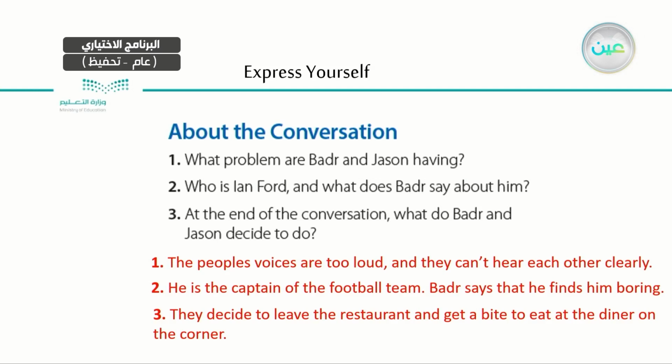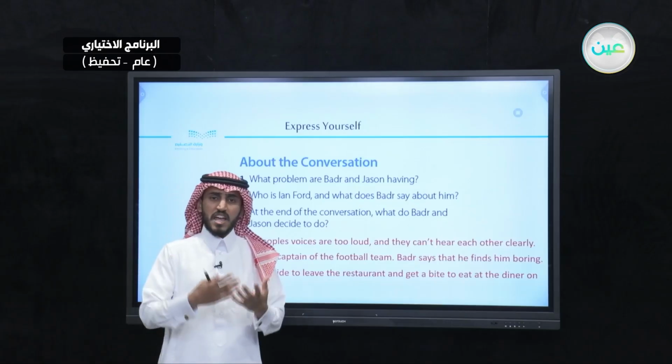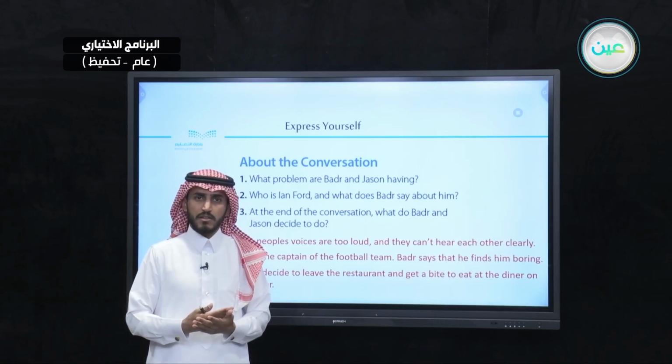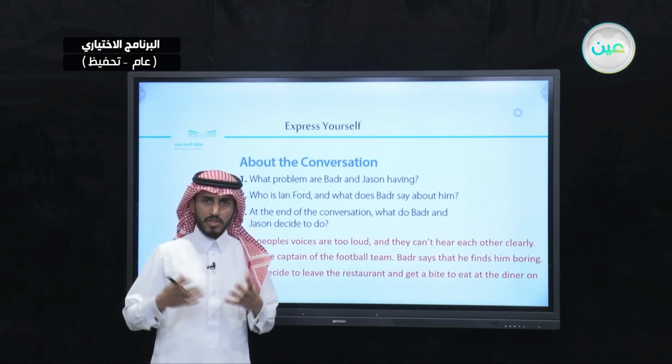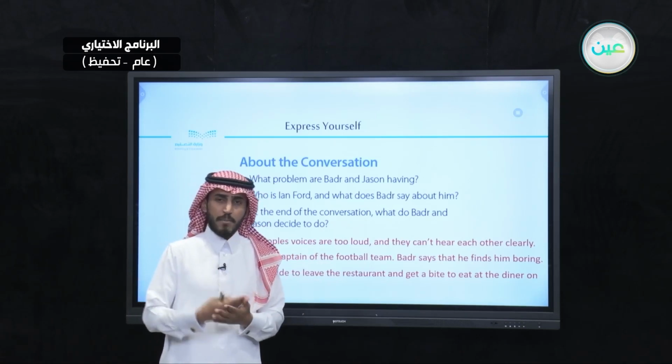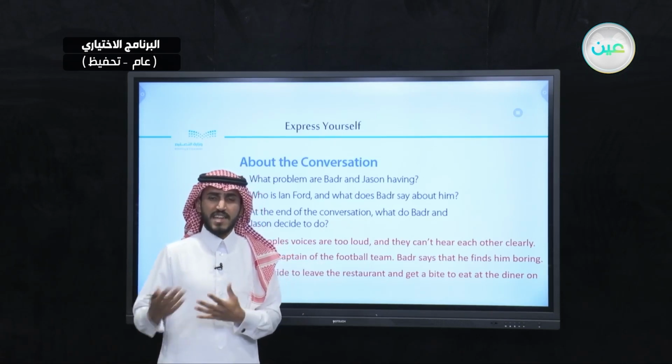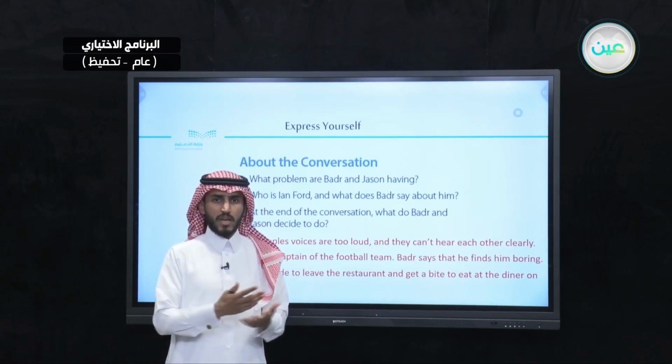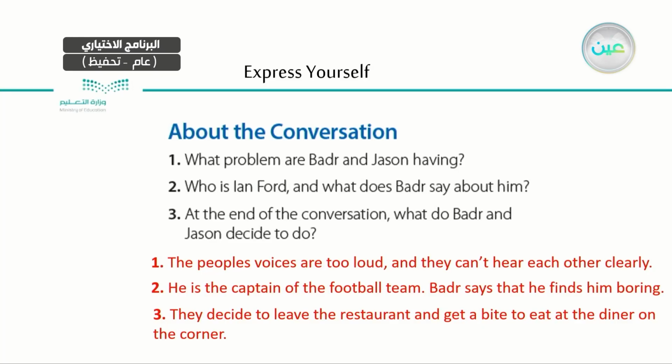What's the meaning of get a bite? Get a bite means they eat something. It doesn't have to be a large meal. When we say a bite, that refers to a snack or a quick meal. So, get a bite, we're talking here about a snack or a quick meal or small meal at the diner.